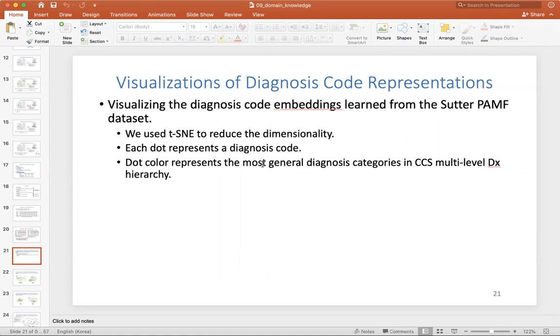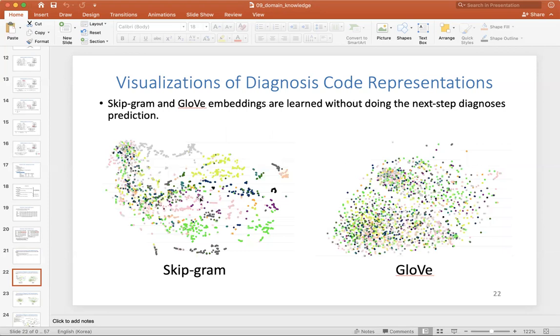These colors are the categories that fall right beneath the root code. These are the most abstract general categories, like neoplasms and infectious disease and such. These are the diagnosis embeddings in the 2D plane learned from skip-gram and GloVe.